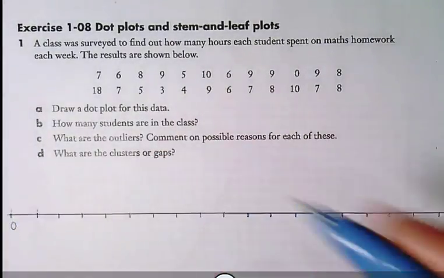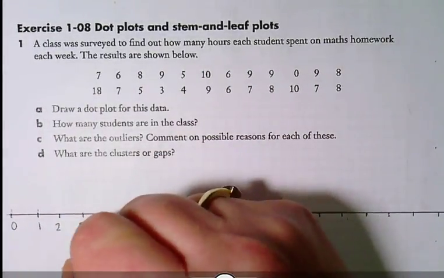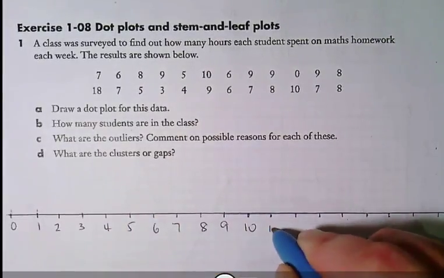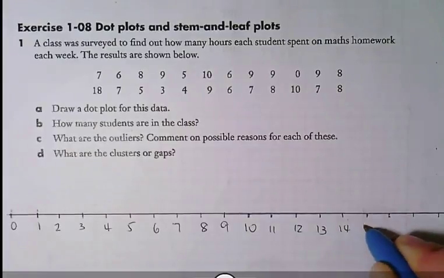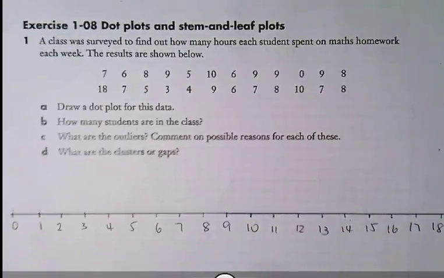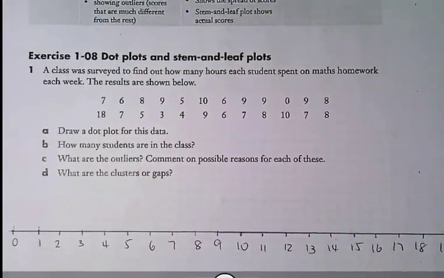And we start with 0. 1, 2, 3, 4, 5, 6, 7, 8, 9, 10, 11, 12, 13, 14, 15, 16, 17, 18, and 19. Okay, and now you can just put your scores on there.